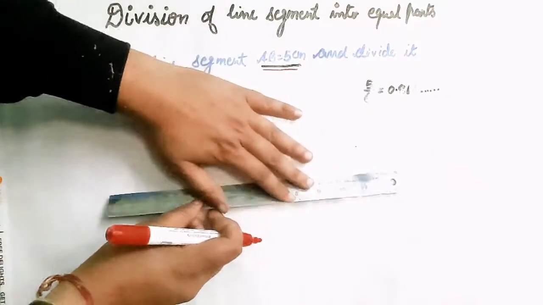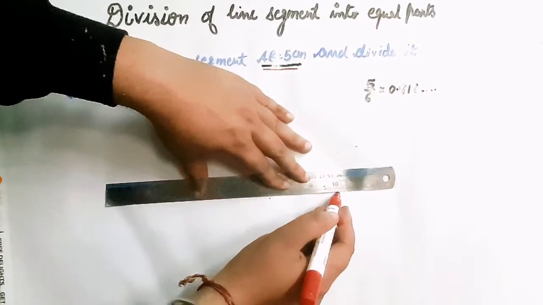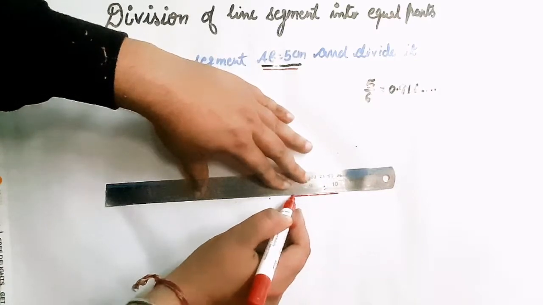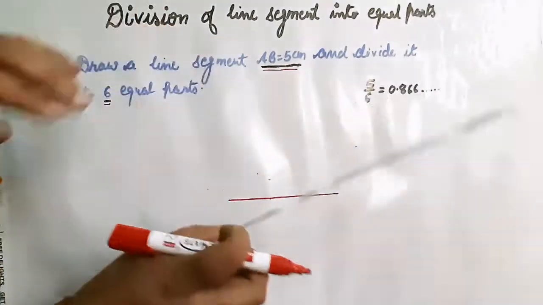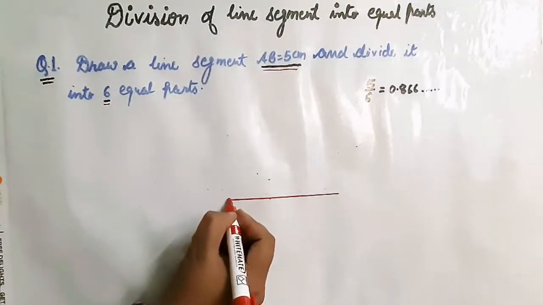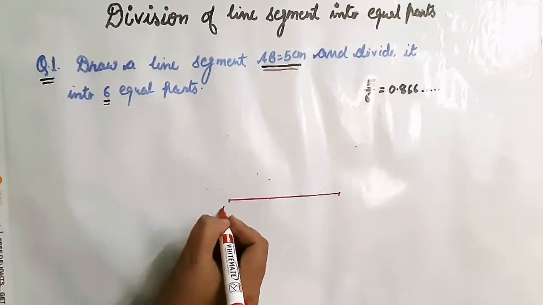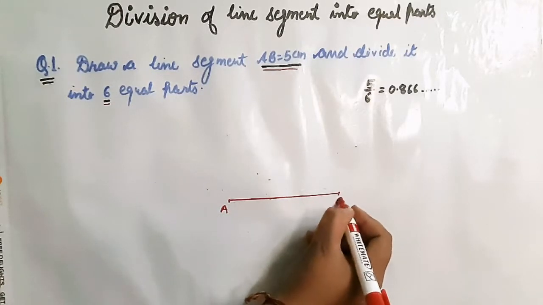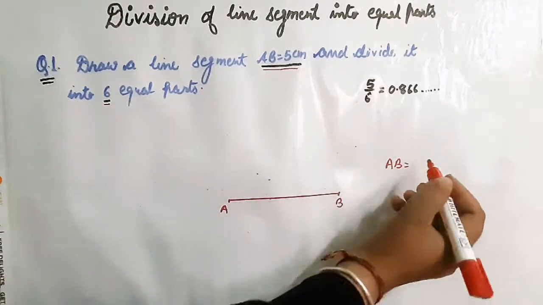So first of all, draw a line segment AB equal to 5 centimeters. I'm not taking the exact measurement because my board is a little larger.